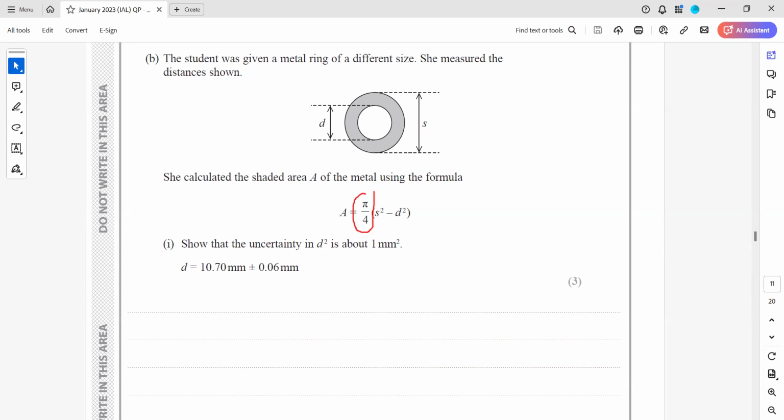Then there is an uncertainty in S square and there is an uncertainty in D square. The uncertainty in S square is the uncertainty divided by the value recorded, times 100. D we have already calculated.